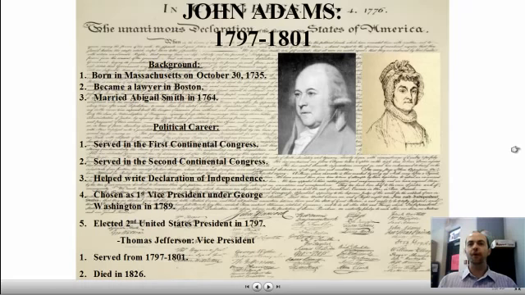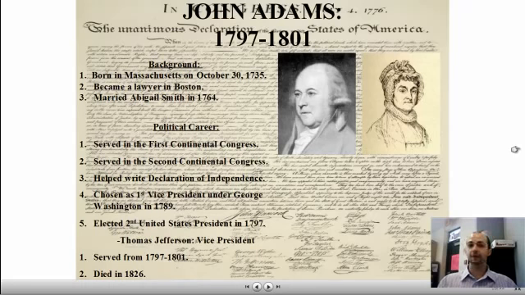He worked all day and night doggedly to advance our country, and advance law in North America, in the United States. His political career was illustrious, meaning that it was very, very important, very proud. He served in the First Continental Congress.